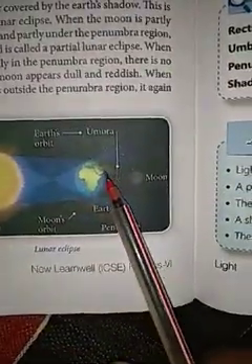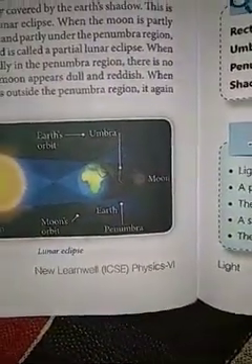Outside the penumbra region, the Moon shines brightly, and when it is in the penumbra region, it appears dull and reddish.